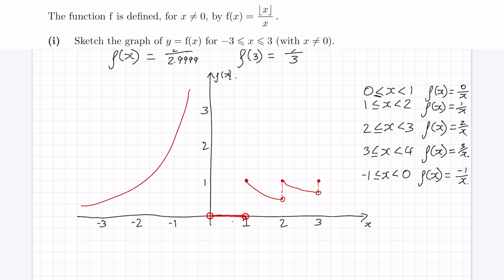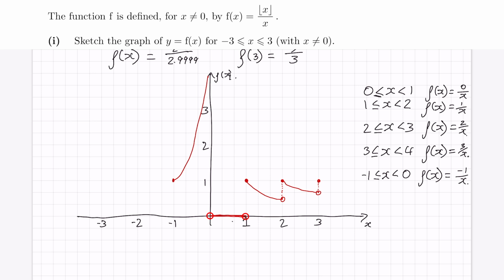I'm again not sketching the whole region, but I can see a trend there. I can see what it's going to look like. When it's at -1, it's going to be here, and as we get closer and closer to 0, it's going to go up like that. Oh, my bad, I misdrew that because that was not at 1. It should have been there, and it goes up like that.